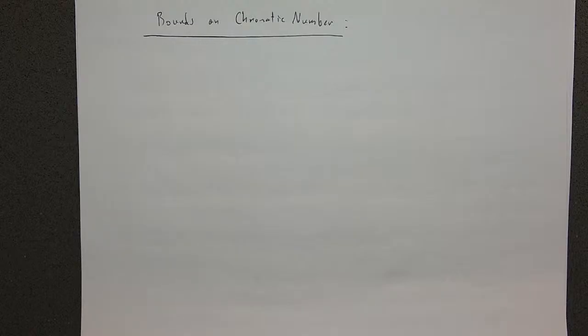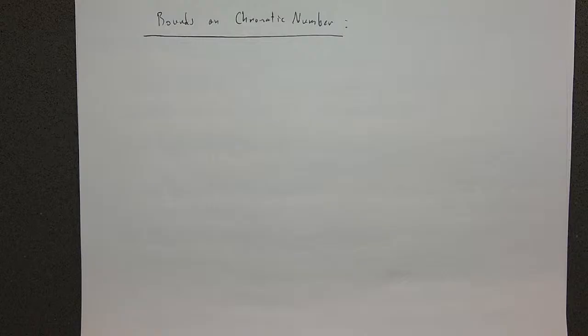So, for a completely general graph, figuring out its chromatic number, period, is hard. That's a difficult problem. Even if you just have a large graph, the number of possibilities makes computing this a hard thing.